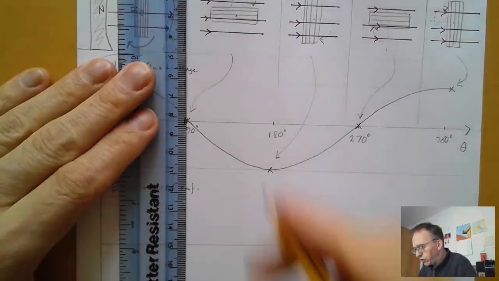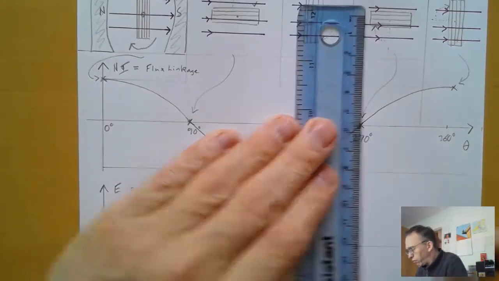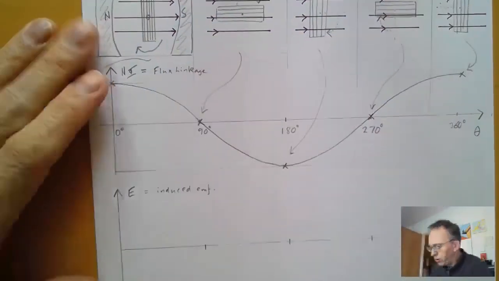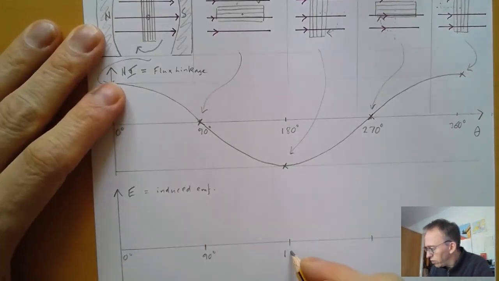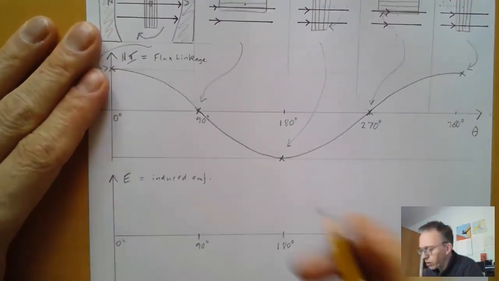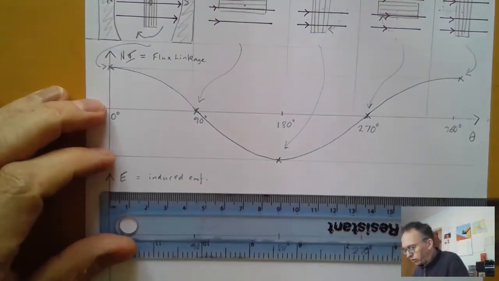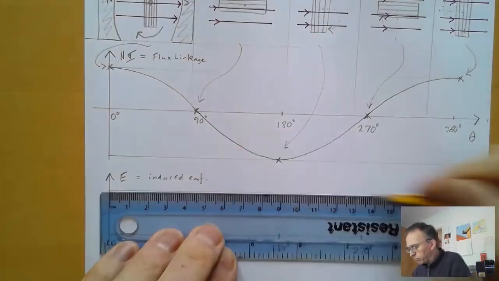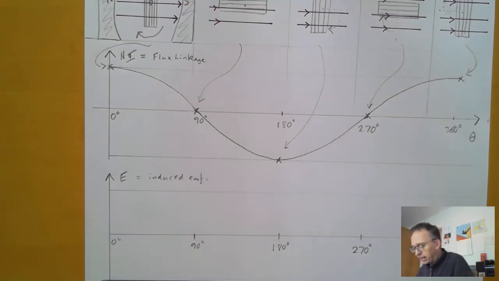We're going to use the same scale as before. So this is 0 degrees, 90 degrees, 180 degrees, 270 degrees, and 360 degrees. And this is the EMF. Now, I'm going to put a construction line for a maximum EMF, and there's going to be a maximum and negative EMF as well.